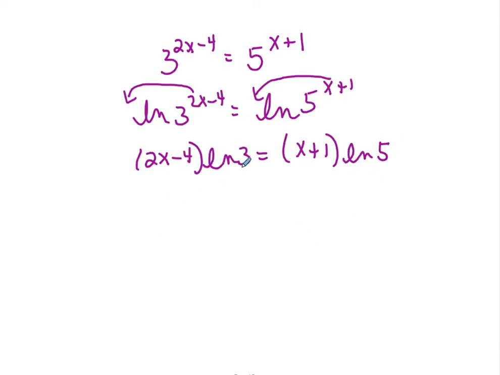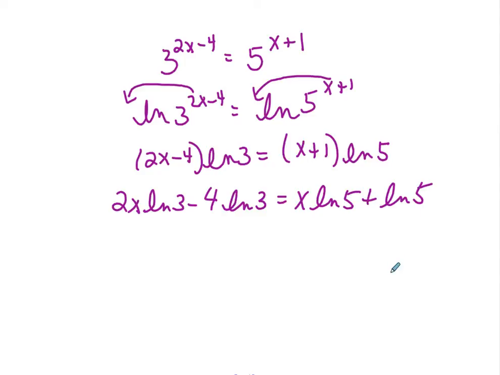Let's distribute the ln of 3 because it's just a number. It's not a pretty number, but it's a number. So that becomes 2x ln of 3 minus 4 ln of 3. That's equal to x times ln of 5 plus ln of 5. Now we're going to take all of our terms that have x's in them and move them to the left side, and all of our terms without x's in them and move them to the right side.